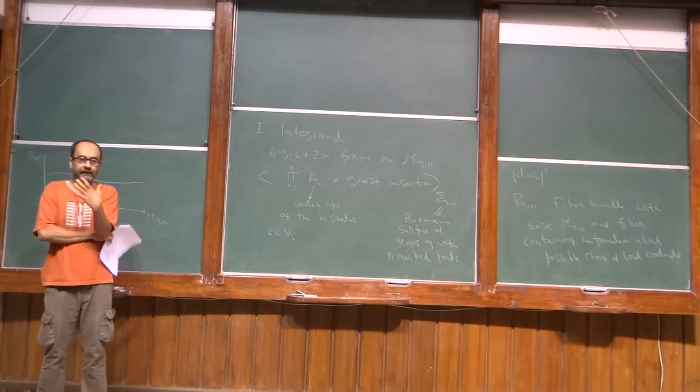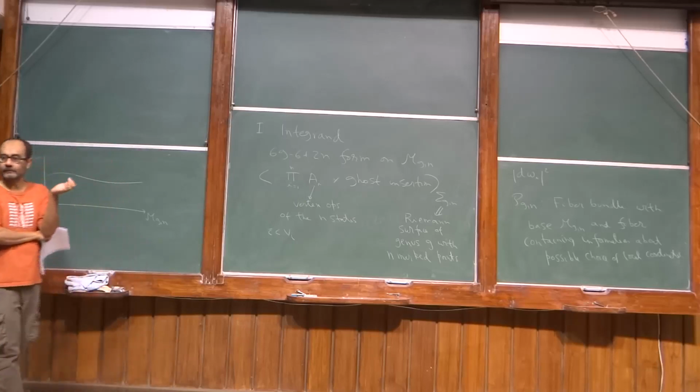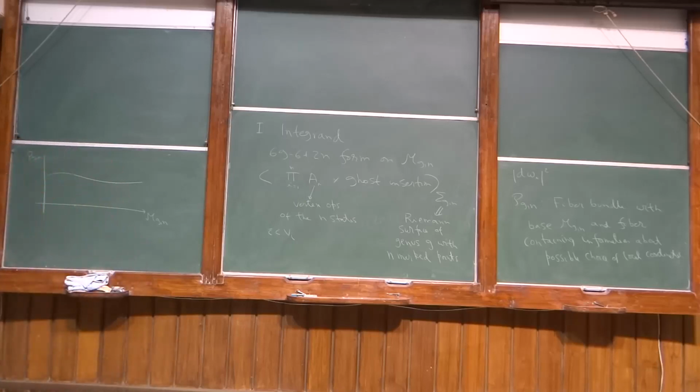If any of the functions differ, it will be different, and the off-shell amplitude should be different. Is this clear? So this is the general picture: the space of all possible local coordinates and all possible Riemann surfaces is this big space P_{g,n}. And in defining an off-shell amplitude, you have to make a choice of a particular section of this fiber.